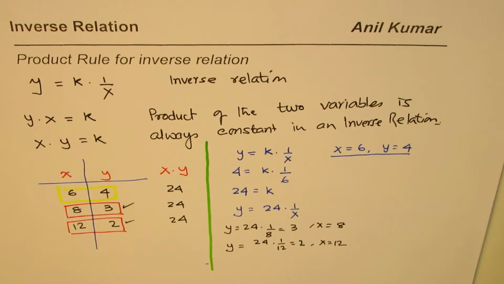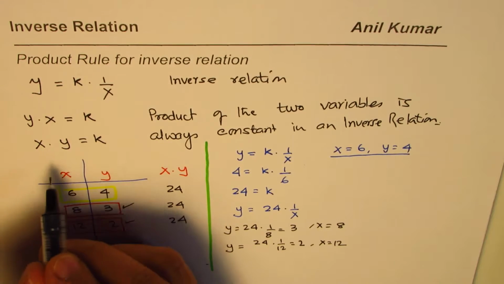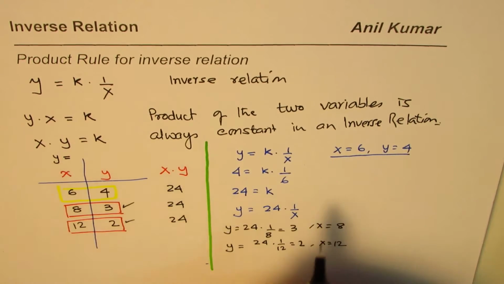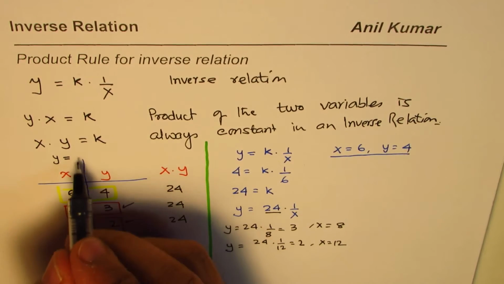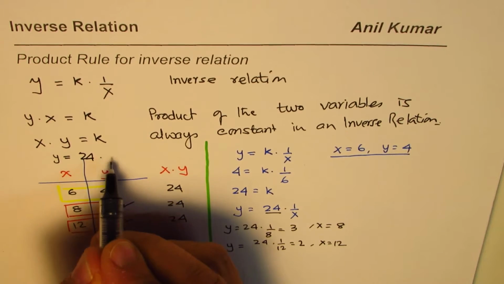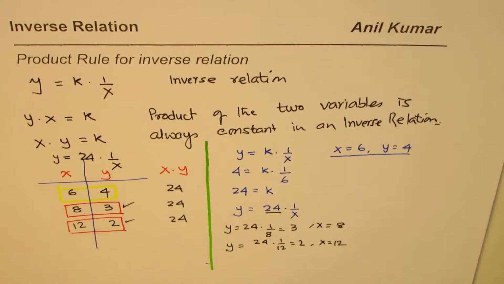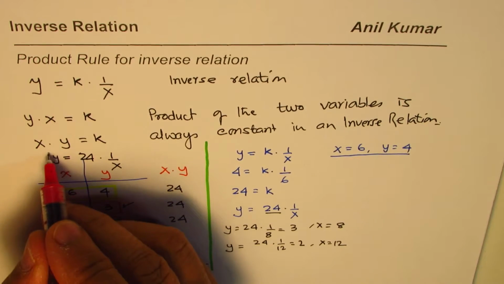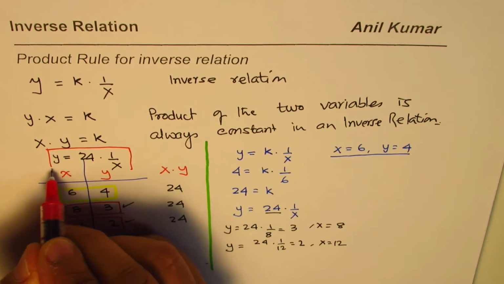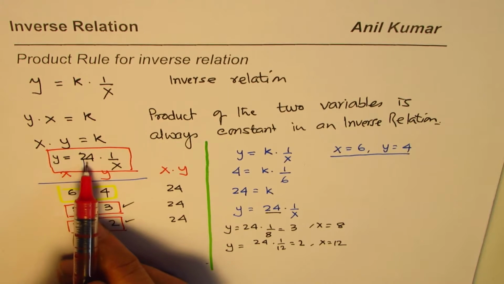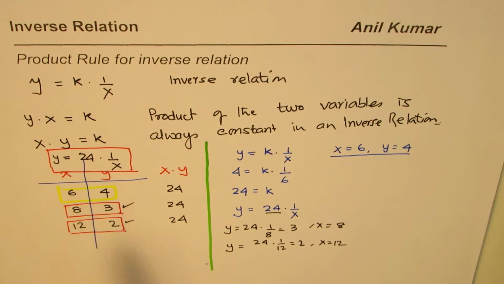So that really means that this table represents the relation y equals a constant, which is 24, times 1 over x. Since it represents this kind of relation where there's a constant between y and 1 over x, we say that an inverse relation is there.